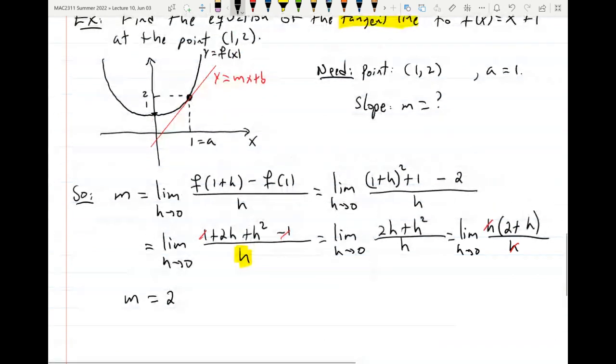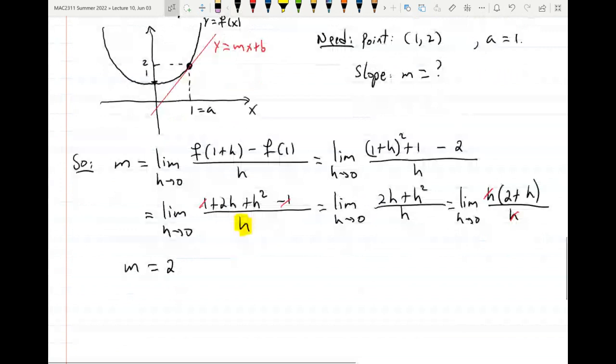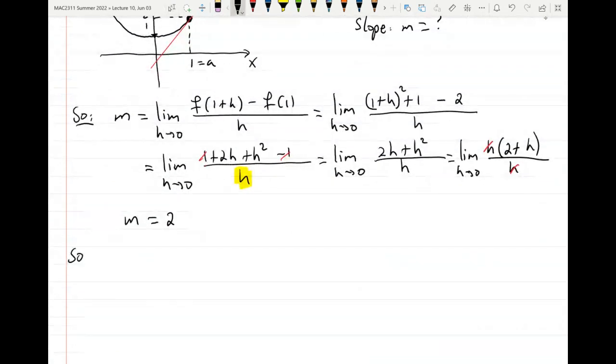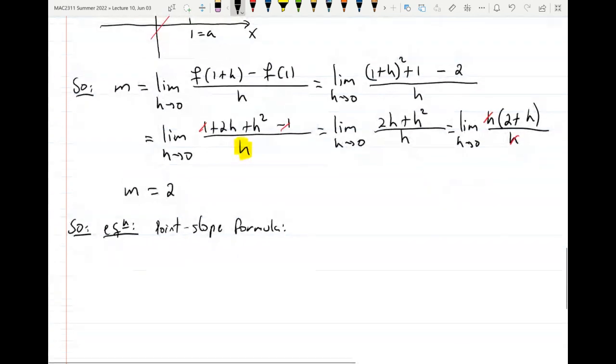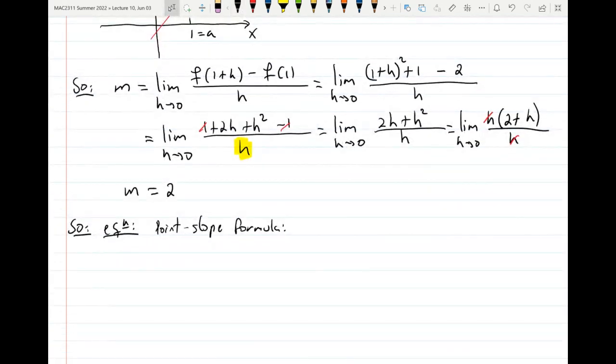So we found that the slope m of the tangent line is equal to 2. Now we have everything we need. We have the point, we have the slope. For the equation, I'm going to use the point-slope formula. Remember, I introduced this at the beginning when we did the little pre-calculus review.